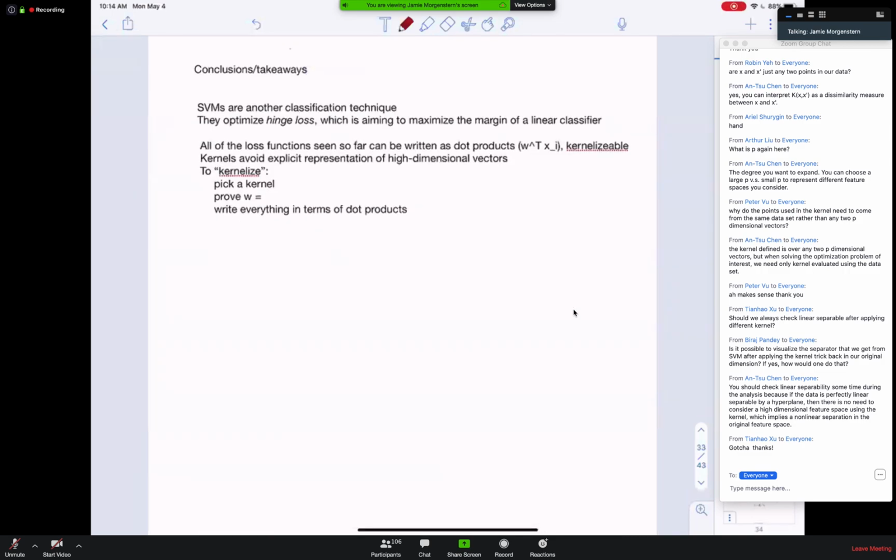Okay, so just to remind you what we've talked about so far, right? We were talking about support vector machines, another way to do classification. Largely, we were talking about SVMs directly in terms of linear decision boundaries, and they optimize this weird thing called hinge loss, which has the following shape.